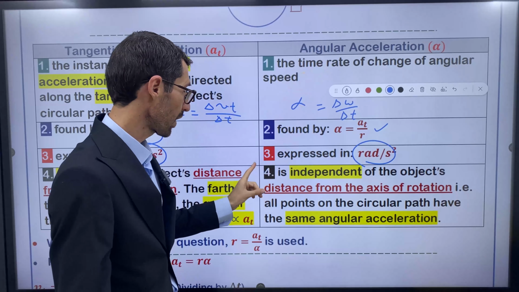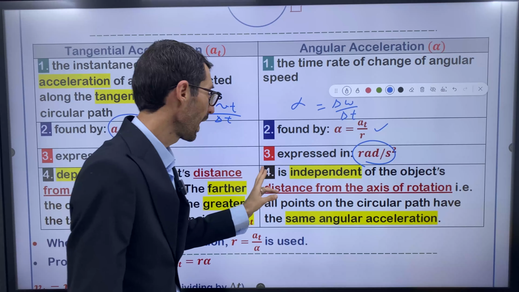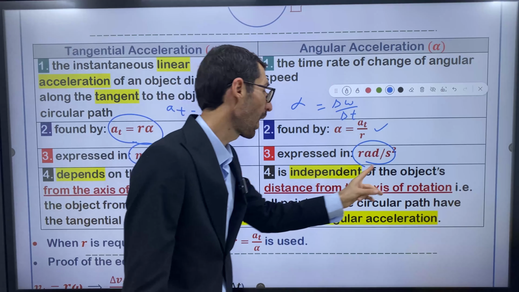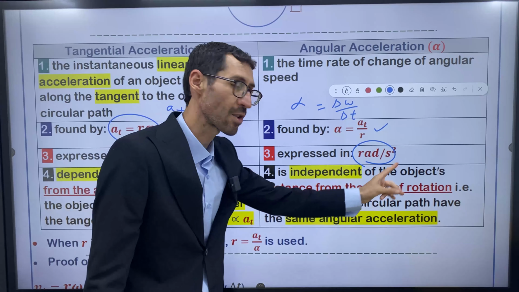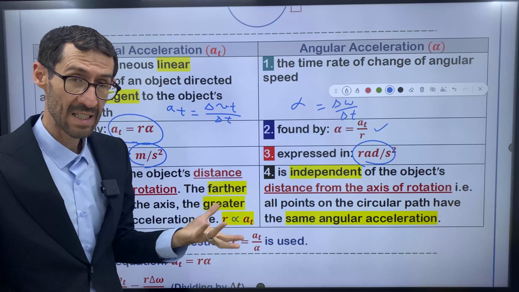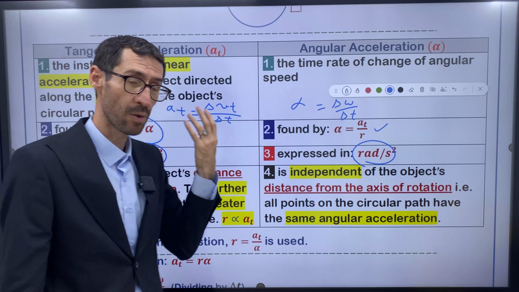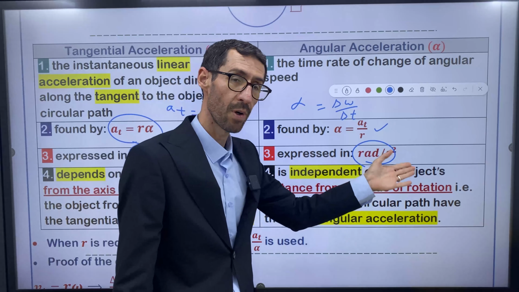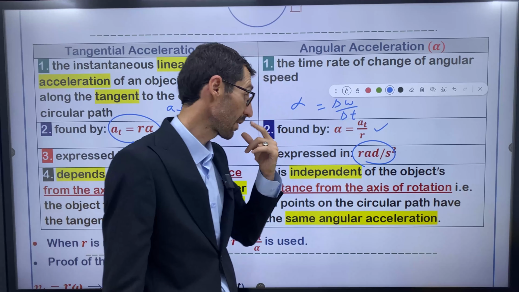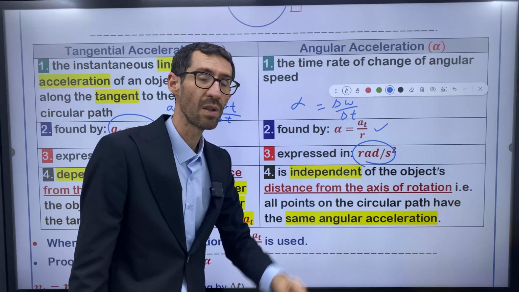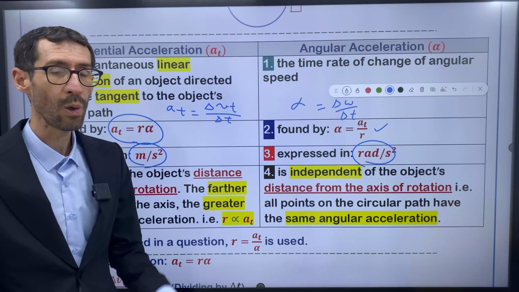For angular acceleration, the fourth case is that angular acceleration is independent of the object's distance from the axis of rotation. What does it mean? Regardless of the distance, all points of the objects along the circular path have the same angular acceleration, right?